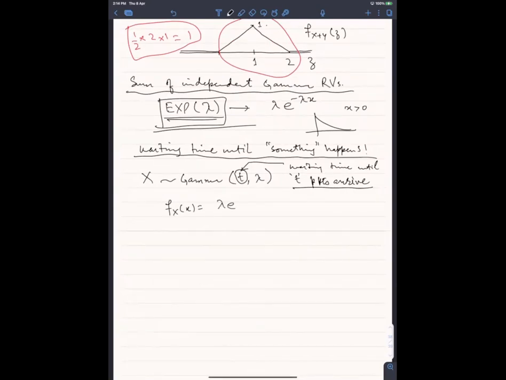So the distribution of gamma is lambda e to the minus lambda x, the same exponential, multiplied by lambda x power t minus 1 divided by this constant called gamma t, and this is also x greater than 0 less than infinity. Now you notice that there are two extra terms here. These are two extra things compared to exponential, but for t is equal to 1, both of them turn out to be equal to 1.